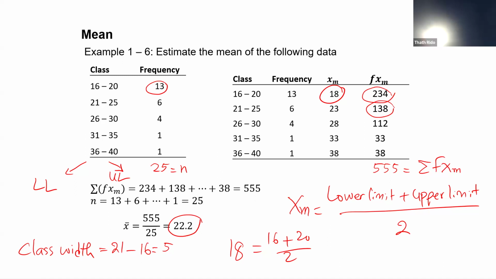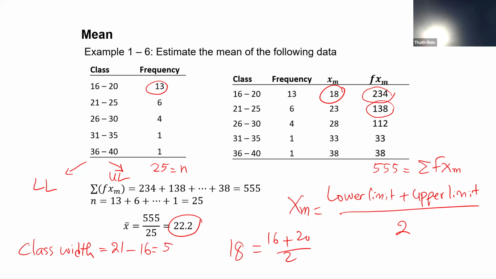So we multiply frequency by midpoint to get a new column, and then we sum this column. The total of F times XM is 555. Then we divide this 555 by the total frequency, which is 25, and we get the mean.